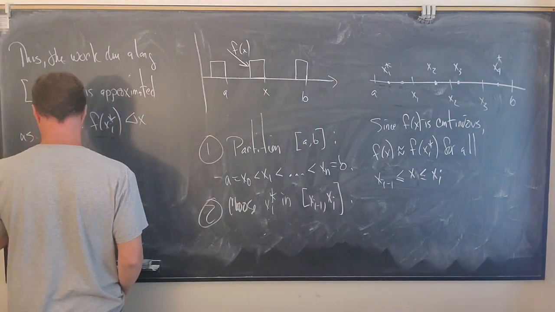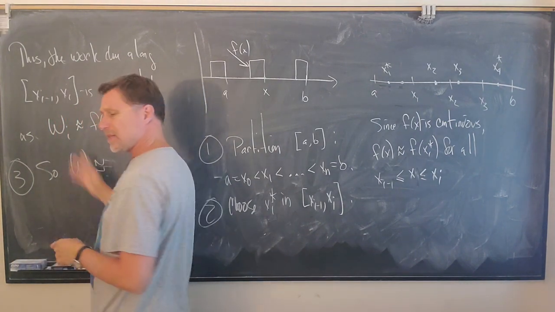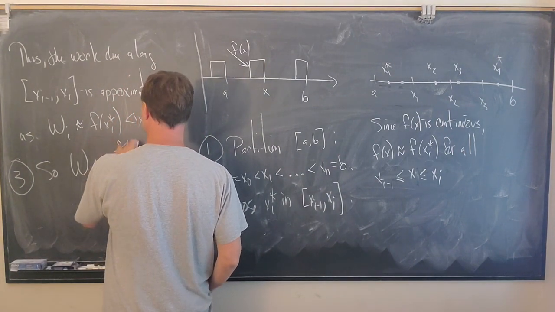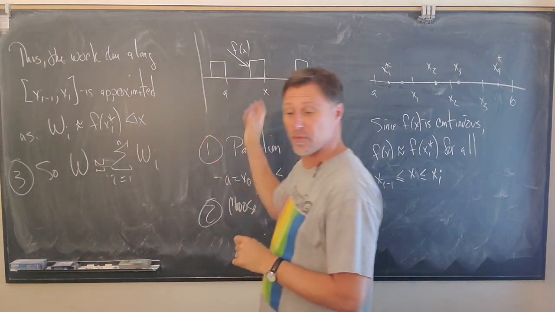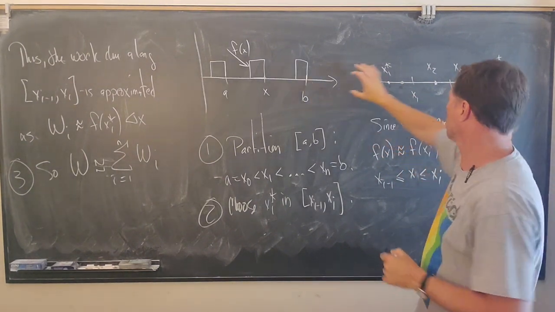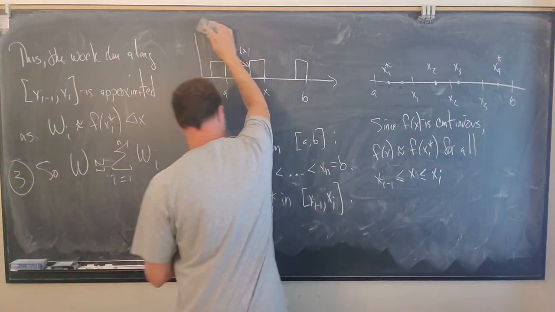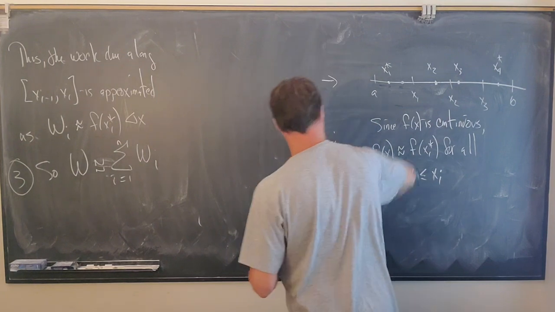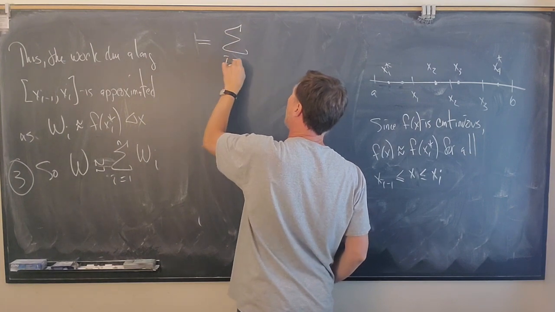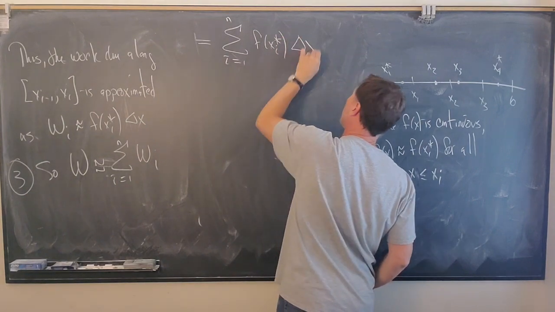So the total work, capital W, is approximately equal to the sum of all these little works, the sum i equals 1 to n of w sub i. Just add up each of the w sub i's. That'll give us an approximation of the total work done along the interval from A to B. And if we fill in the blanks here, that's equal to the sum i equals 1 to n of f of x_i star times delta x.